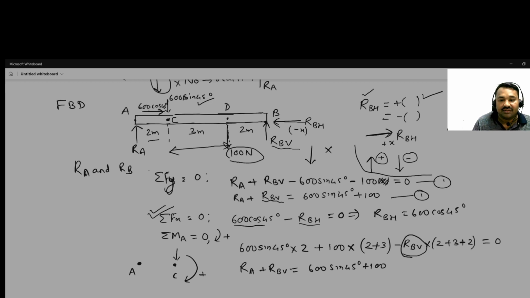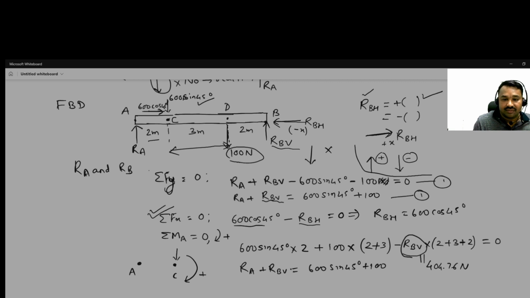Okay, so what we get here after solving, we will get RBV is equal to 404.76 Newton.